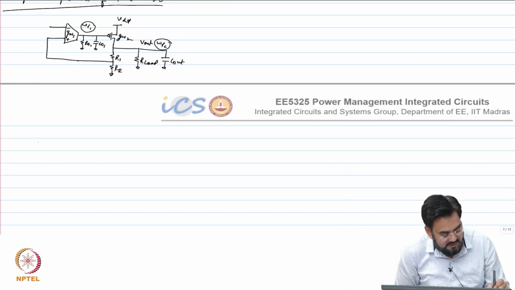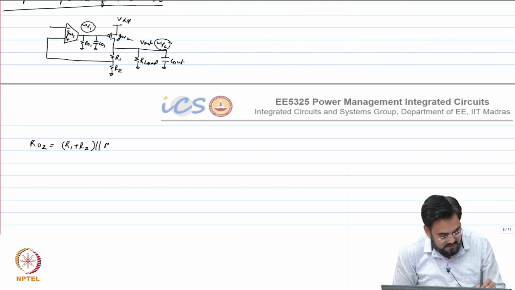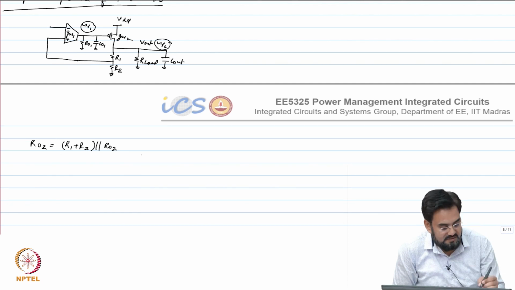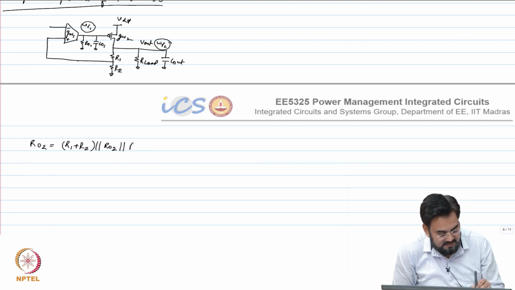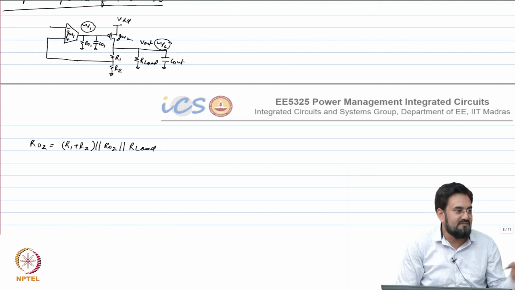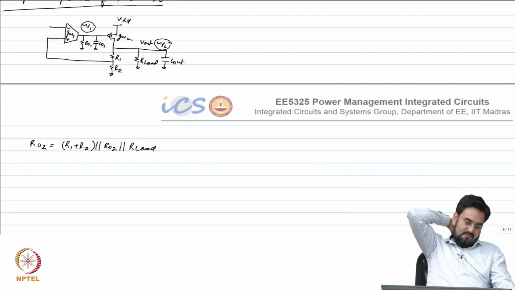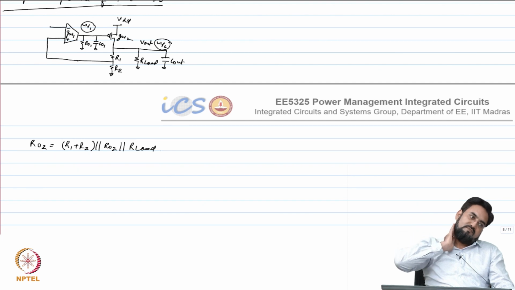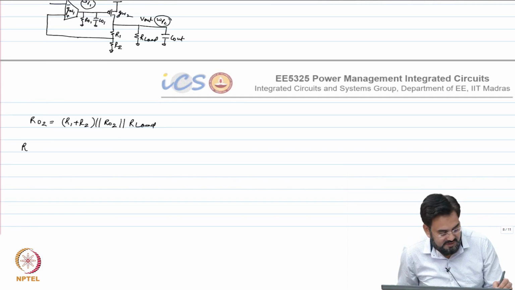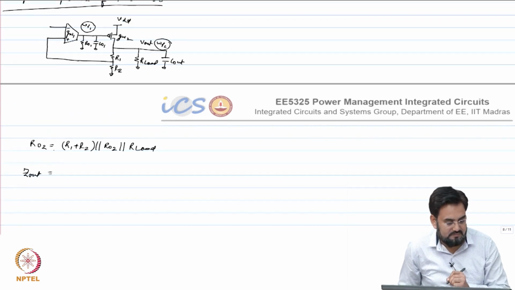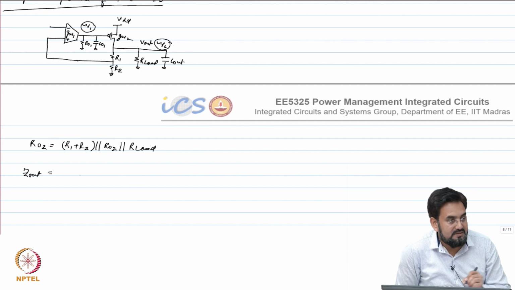Okay, so let me make RO2 equal to R1 plus R2 in parallel with RO2 of that transistor, parallel with R load. So I have combined everything in one resistor. Okay. So Z out should be what?